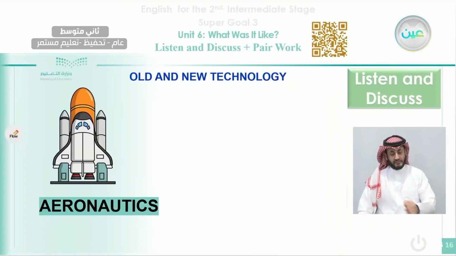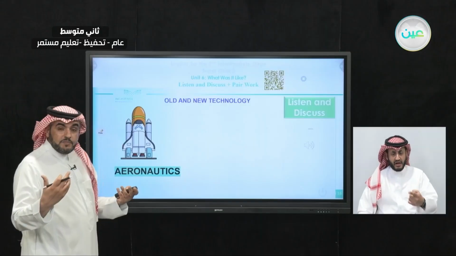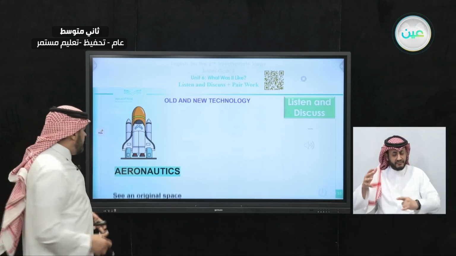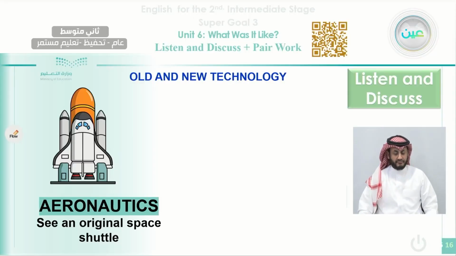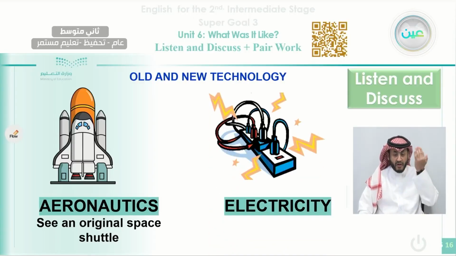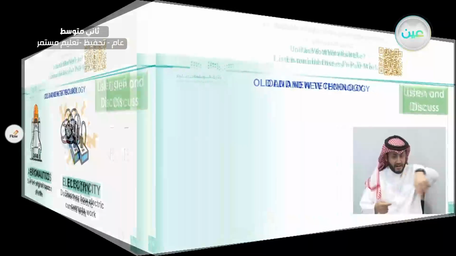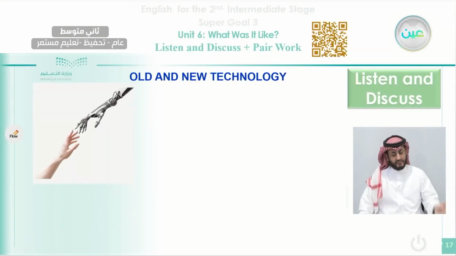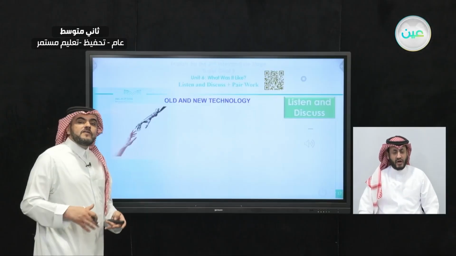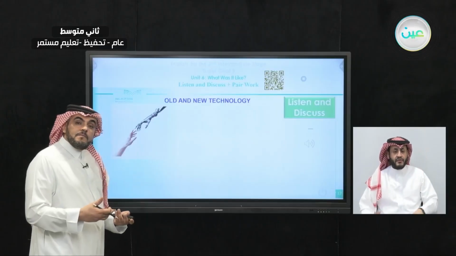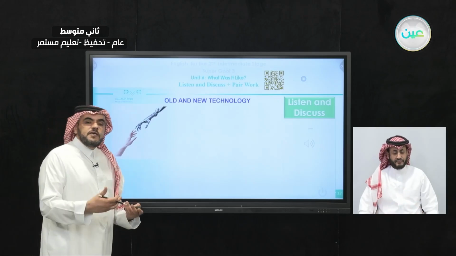Also this one indicates aeronautics. Okay, when you talk about space and astronauts and the things that you have done, you will see an original space shuttle. And also this one is about electricity. You will see something about how to discover how electric currents work. Okay. Another one also here, this one indicates that you can visit this museum to see robots.